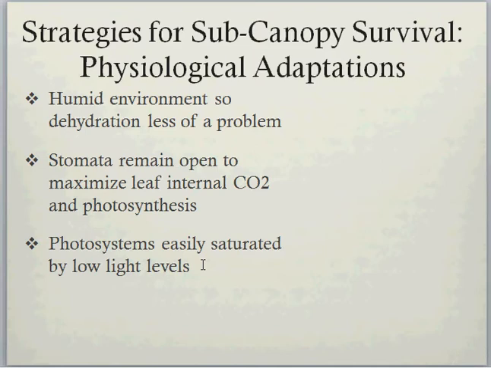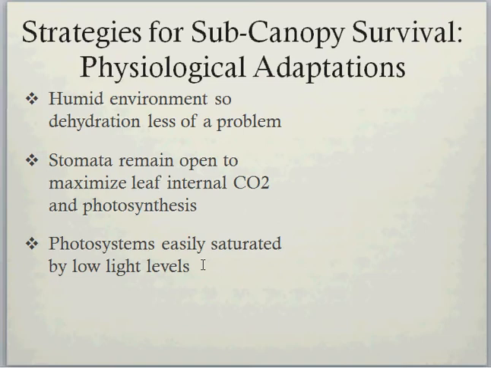In other words, they're adapted to pick up the small amounts of light which are there, and they're easily saturated by low light levels. In other words, their maximum photosynthetic rate is relatively low. So in the understory, everything is geared towards utilizing low levels of light, and the plants will not be able to cope with higher levels of light that you would sometimes get.